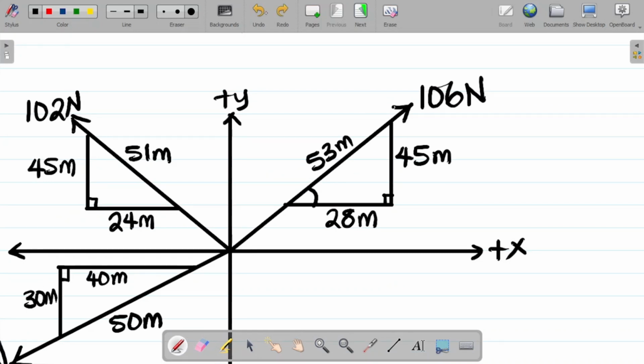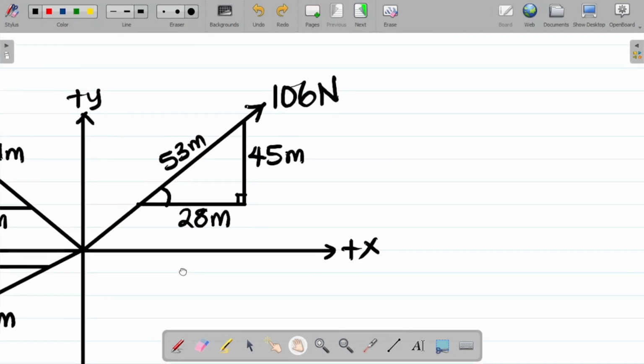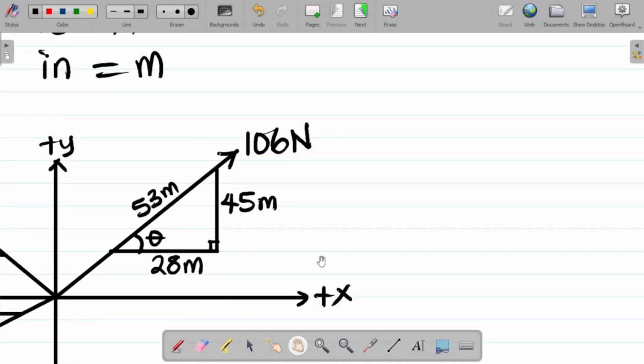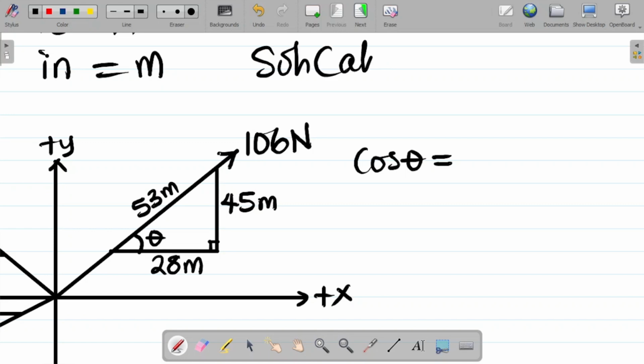So we said when you're resolving vectors between the force and the horizontal, the horizontal component is gotten with cos of theta. All right, so if you have this, let's get cos theta and sin theta for each of these. What's cos theta here? Cos theta is equal to, if you use SOHCAHTOA, cosine is adjacent over hypotenuse.